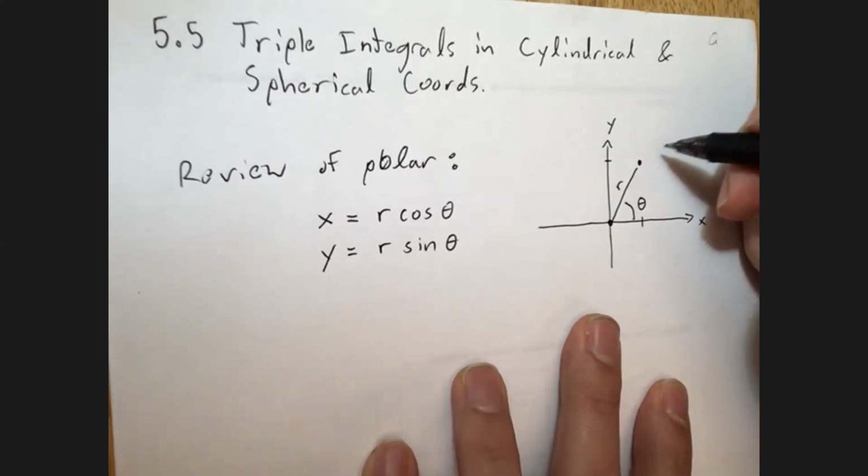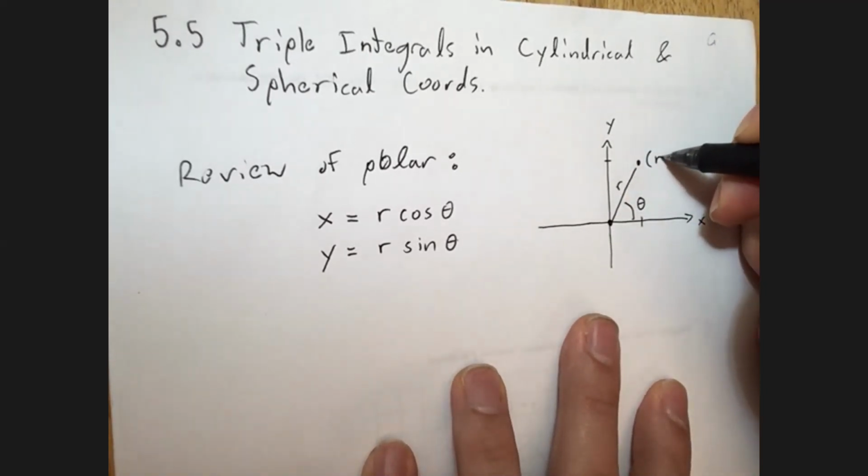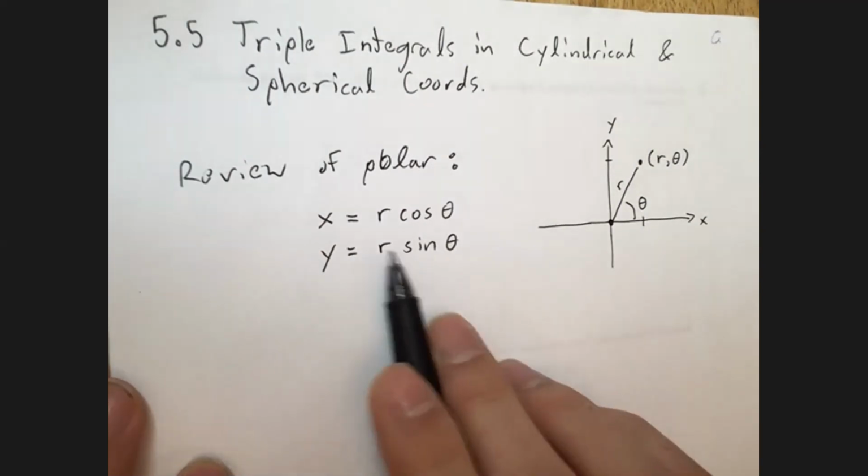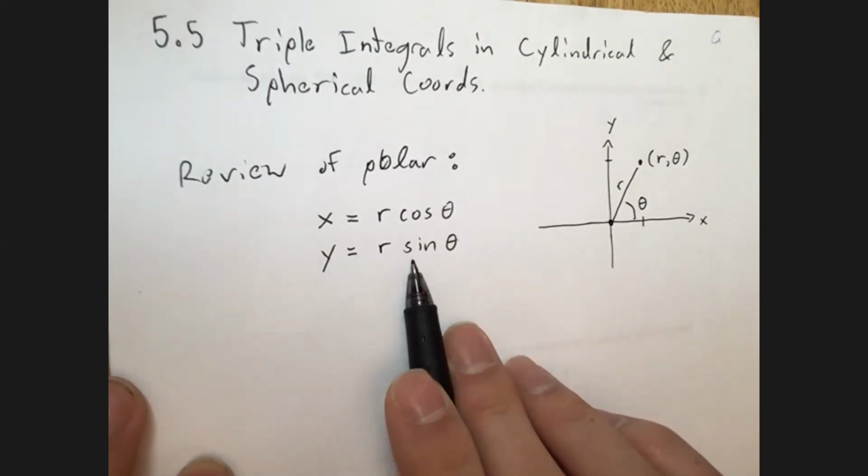So in polar coordinates, this point would be given coordinates r comma theta instead of x comma y. So you're given a distance and an angle, and that tells you where you are in space. That's how polar coordinates work, and we can convert from Cartesian to polar using these formulas.